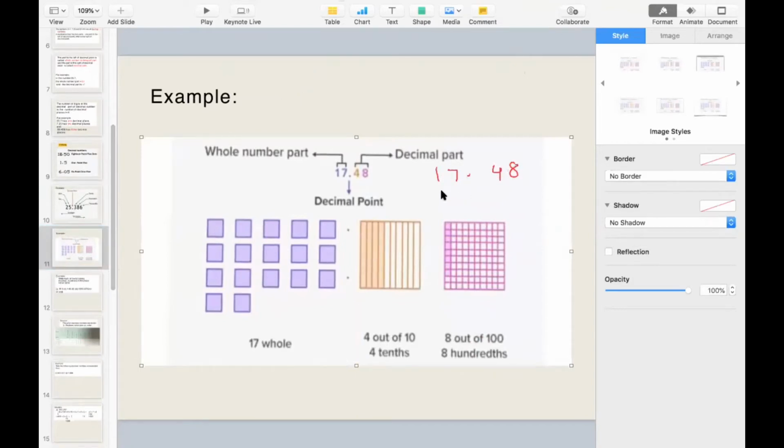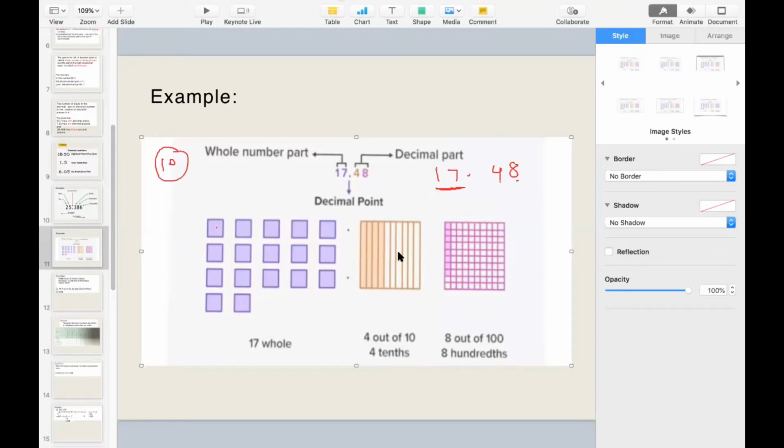17.48. So 17 is the whole number, and 48 is the decimal part. So 17 wholes are represented like this. Now 4 is at the tenth place. What does it mean? It means one whole we have taken. Out of this one whole, we have made 10 equal parts, because the base of the decimal number system is 10.